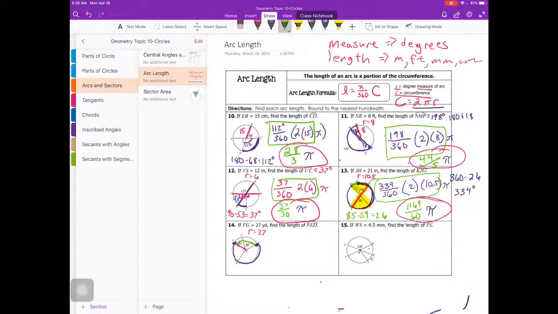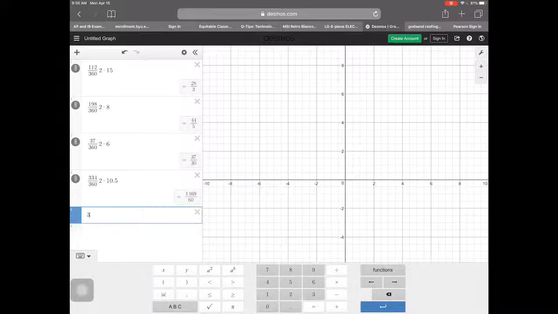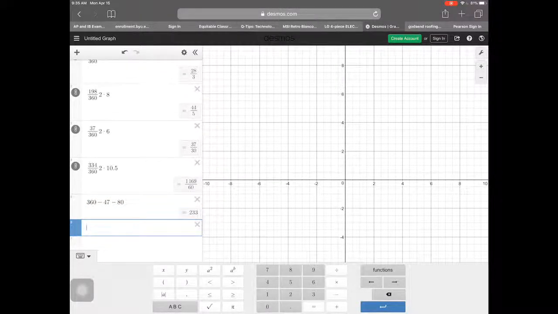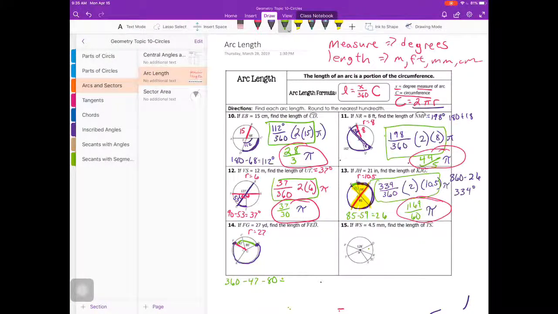So I'm going to take both of those and subtract them from 360. So 360 minus 47 minus 80. And guess what? I'm not going to do this in my head. 360 minus 47 minus 80 is 233. So my arc measure is 233 degrees.